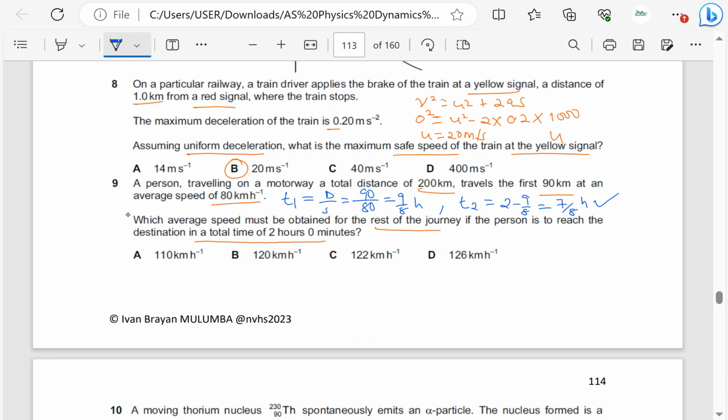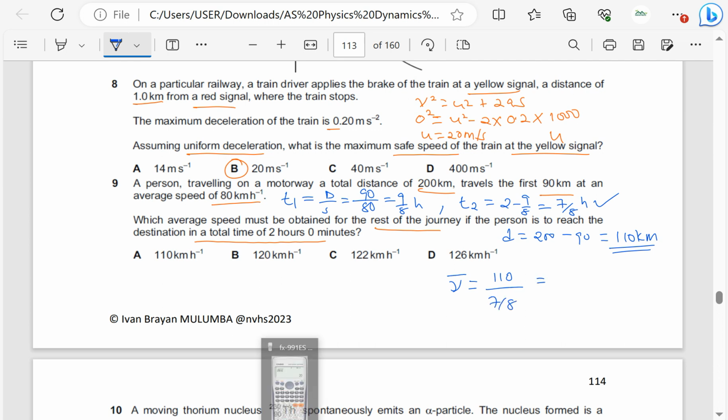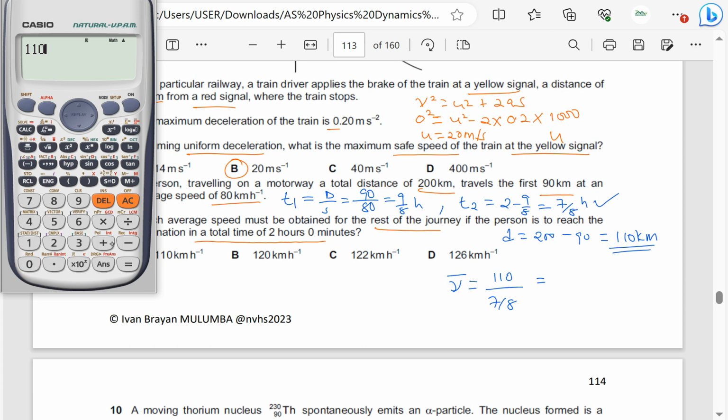The distance is going to be 200 minus 90, which is 110 kilometers. So the remaining journey is 110 kilometers, taking a time of 7/8 hours. So the average speed is going to be 110 kilometers divided by 7/8, which is 110 divided by 7/8.